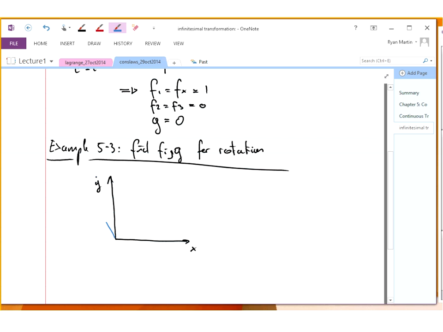This will be x and y. We have a new coordinate system, x prime and y prime, that's rotated by some angle epsilon.